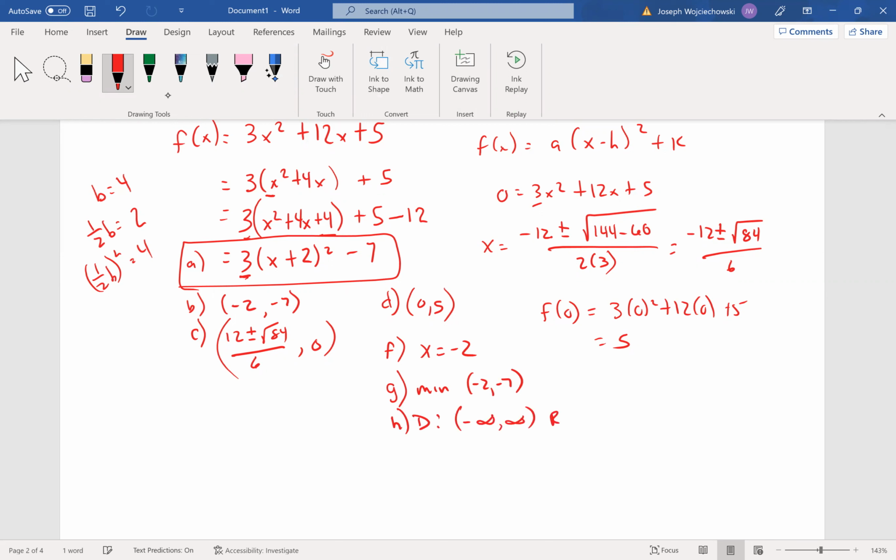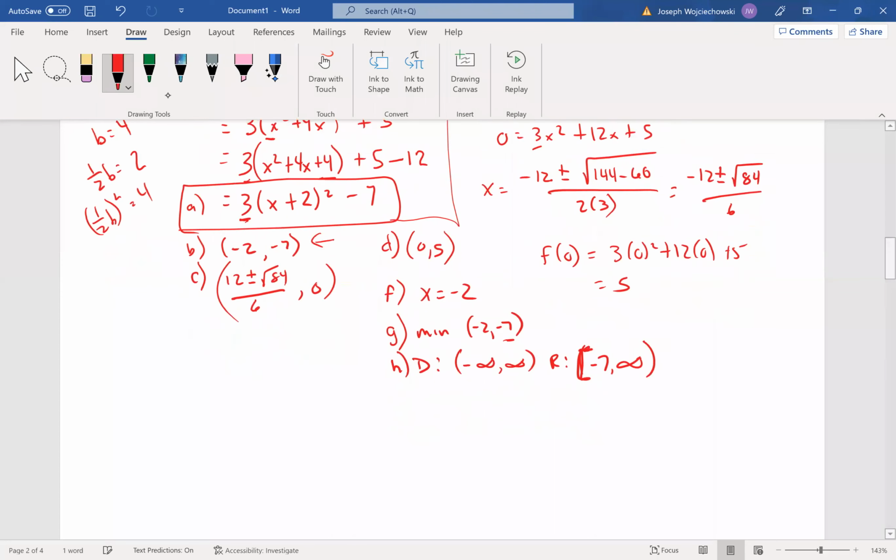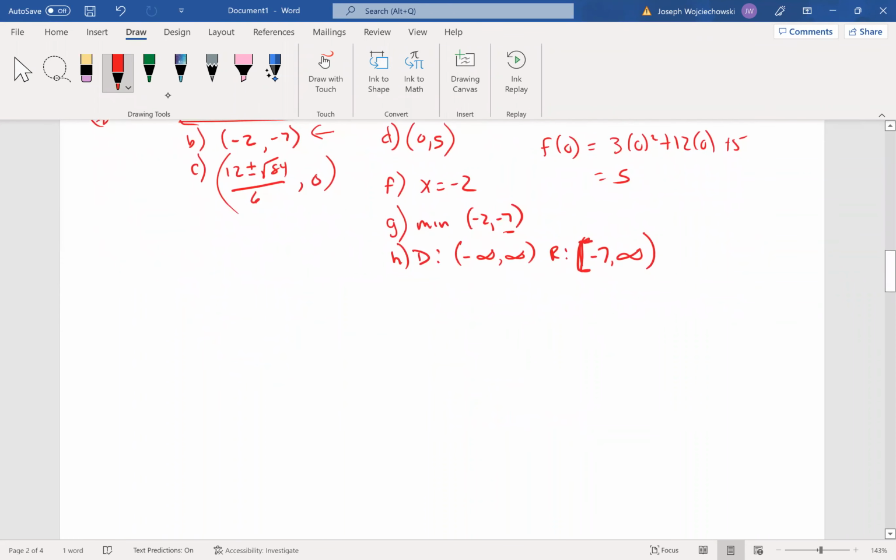And our range is, again, our minimum value, negative 7, is included all the way up to infinity. Okay, so that's a pretty long drawn out method to find a vertex. So needless to say, we came up with a different way to do this.